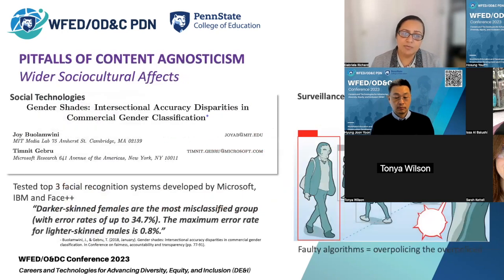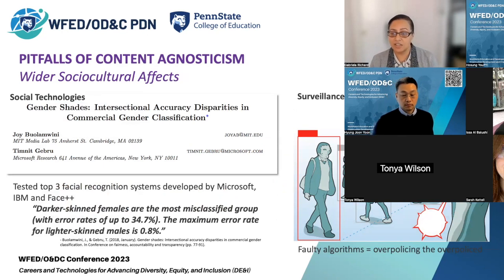Another pitfall of content agnosticism are other wider sociocultural effects. So we've seen big problems in the design of AI and other algorithmic systems, particularly in surveillance technologies. There's been a lot of work that has shown that darker skinned people generally, but particularly women, are misclassified.